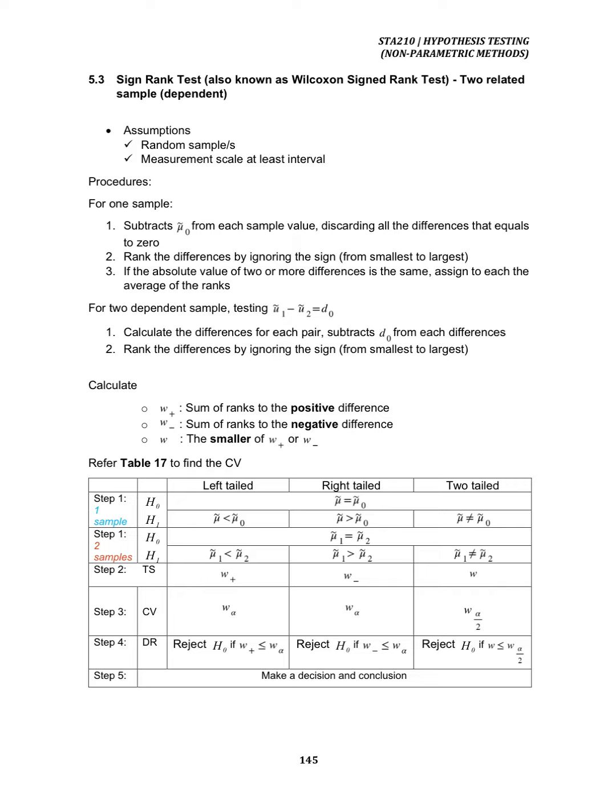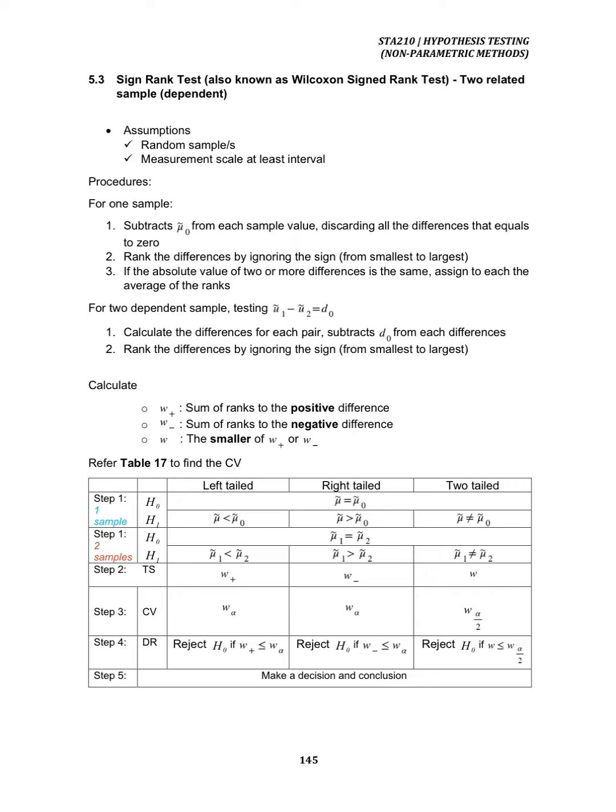But remember, what should we do next? We have to calculate W plus, which is the sum of ranks of the positive differences, and W minus, which is the sum of ranks of the negative differences, and also W. W is the smaller of W plus or W minus. Why do we have to calculate these three values, W plus, W minus, and W?